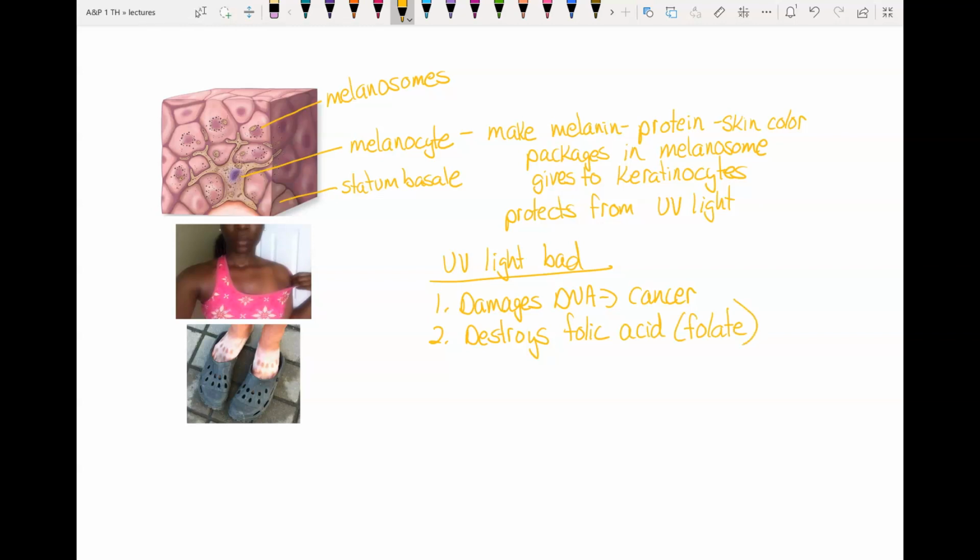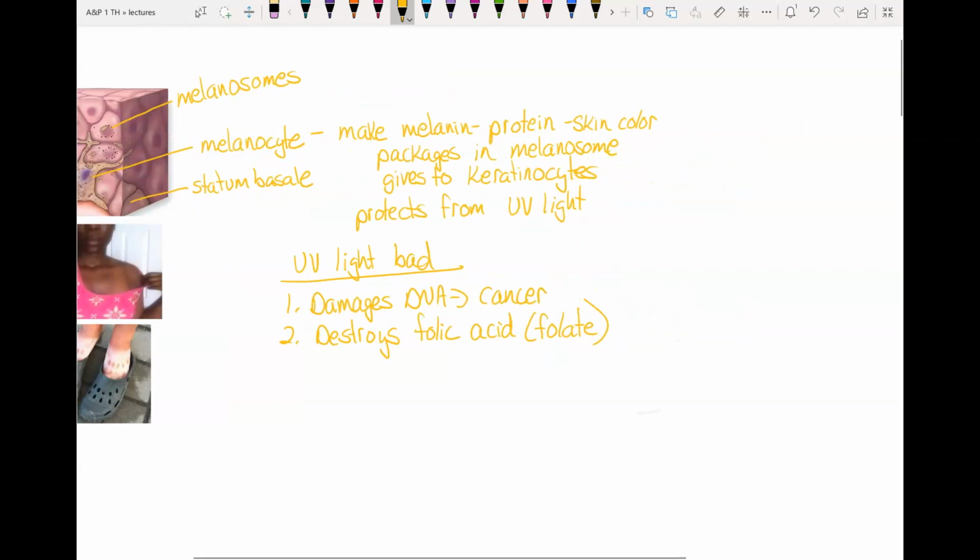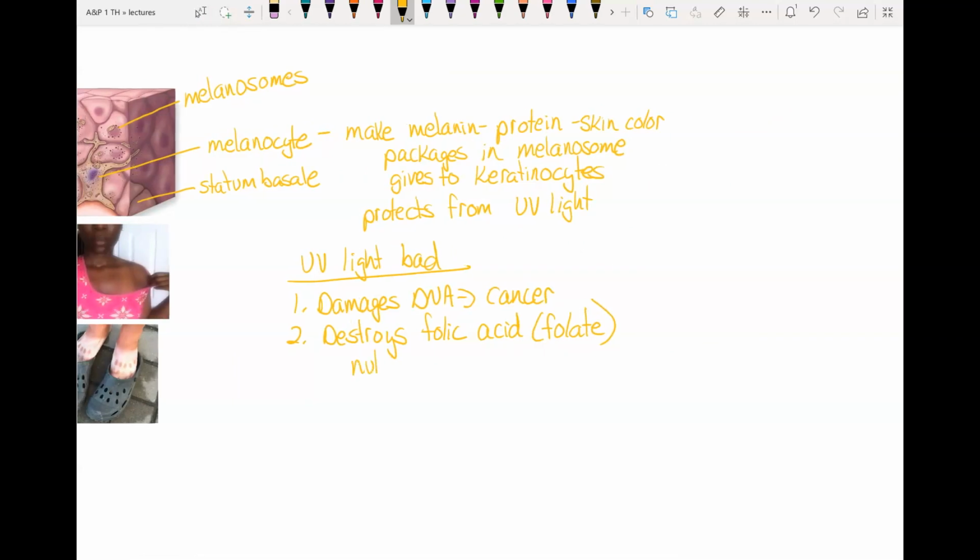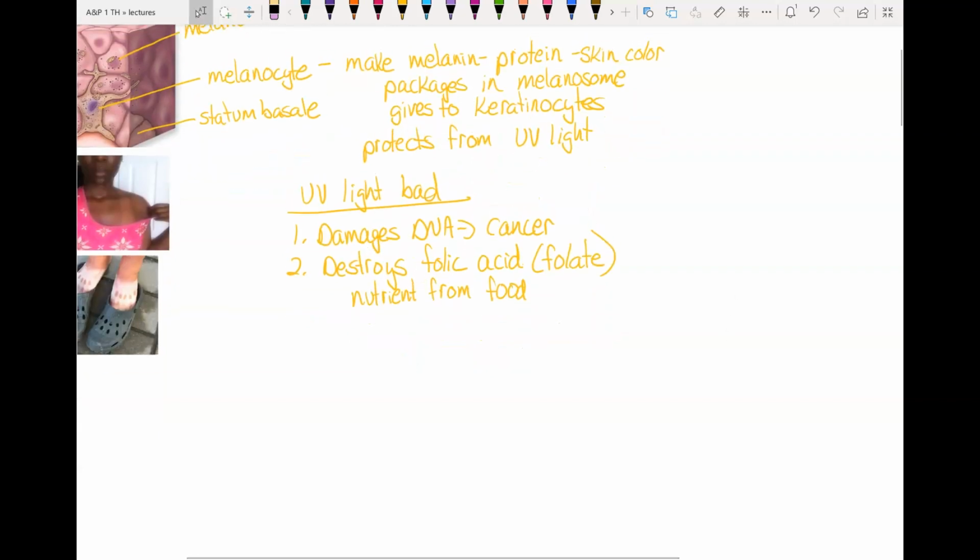You may have heard of this. This is a nutrient that you get from your food. Especially leafy green vegetables have lots of folate in them. So it's a nutrient that you need. And one of the most important things this nutrient does for you is it allows you to reproduce.